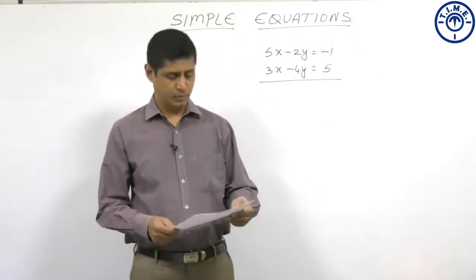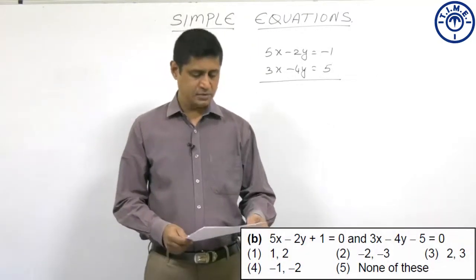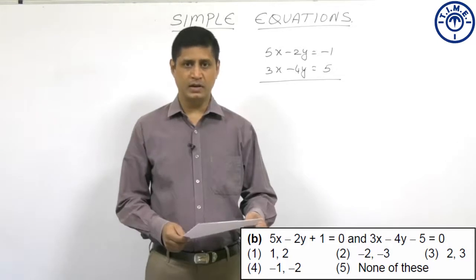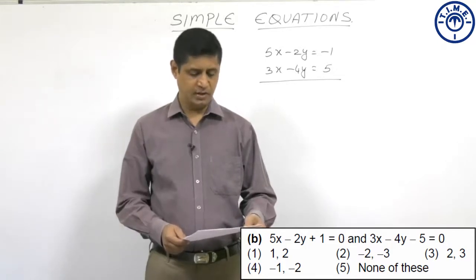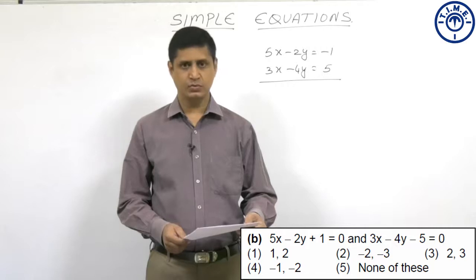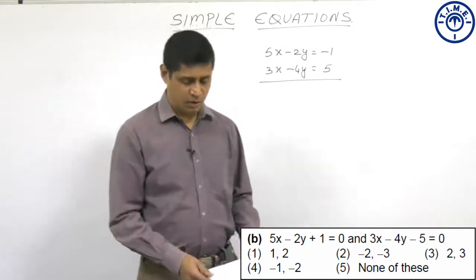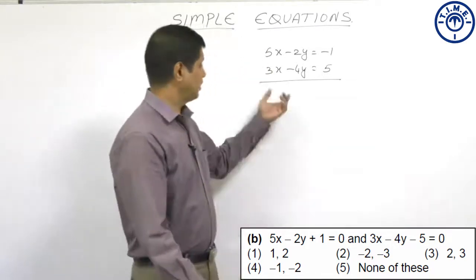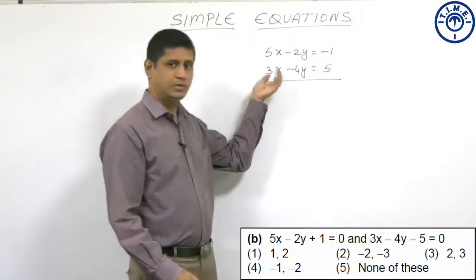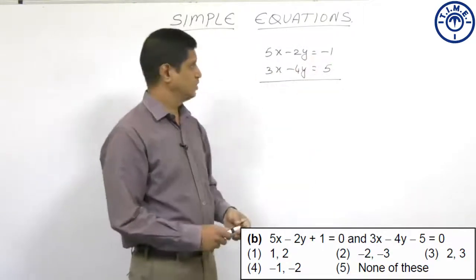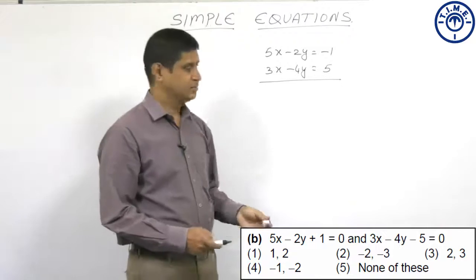Now look at this example. 5x minus 2y plus 1 is equal to 0 and 3x minus 4y minus 5 is equal to 0. Now I am writing the equations by taking the variables on one side and constants on the other side. Now the x and y values are to be found.